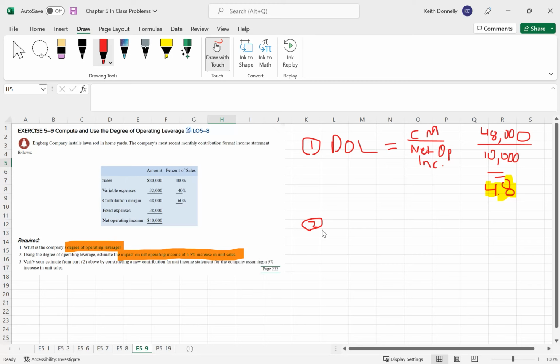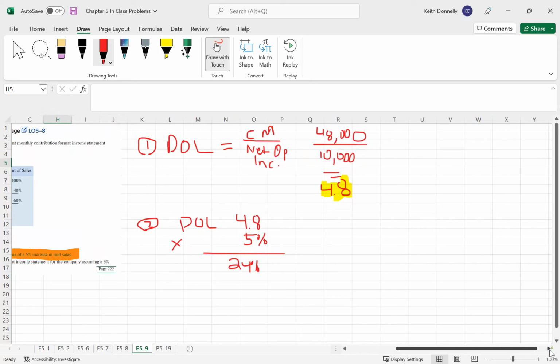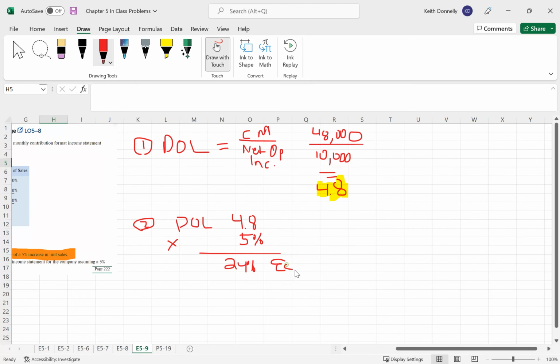So what we would do here is take the degree of operating leverage, the 4.8 that we just calculated, and multiply that times 5%. That will give us 24%, which is going to be the estimated percentage increase in net operating income.